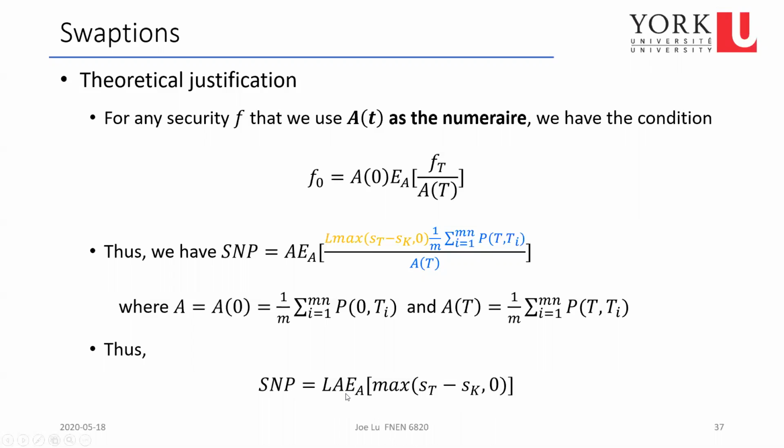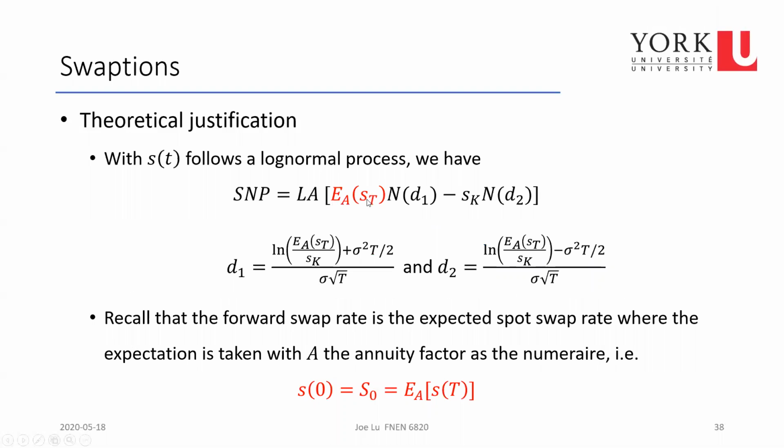Now, you have this, and if S, the forward swap rate, follows a log normal process, this thing here will become this. We have seen this several times, right? For a process that follows a log normal process. Now, we have this expectation, and the expectation is with the annuity factor as the numeraire. So what is this expectation?